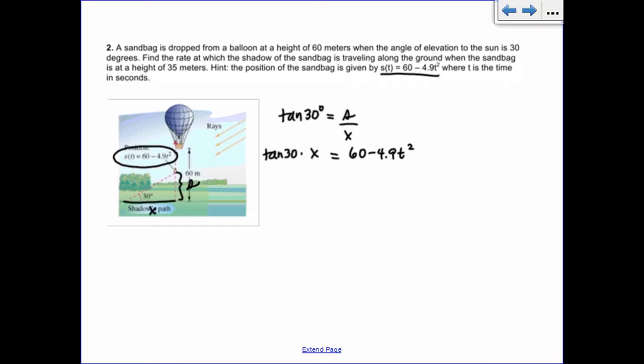But the nice thing about this is when I take the derivative of a t, it's dt over dt, so I'm not going to need that there, right? Does that make sense? So as I take the derivative, I'm going to have tangent of 30, which is a number, times dx over dt equals negative 9.8t, and then dt over dt is just 1, right? And we can solve it out.